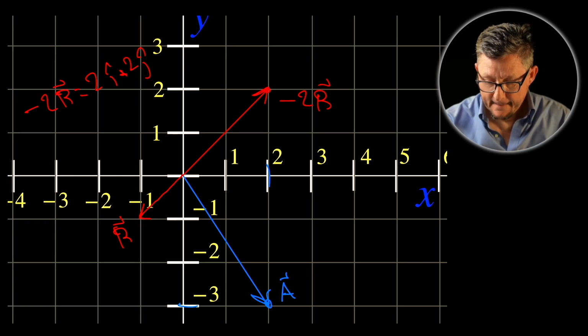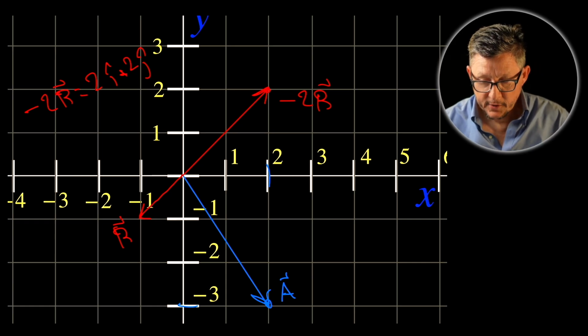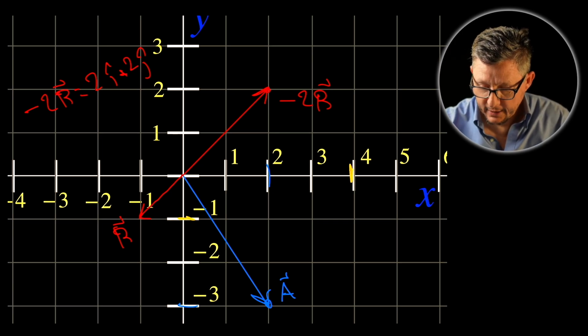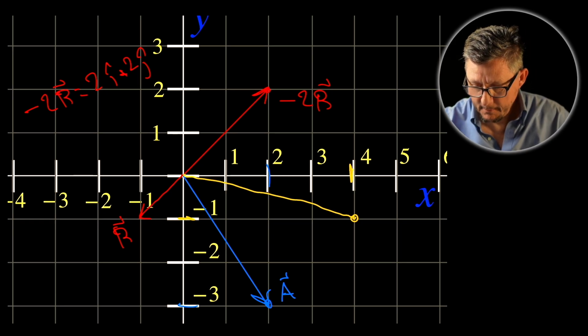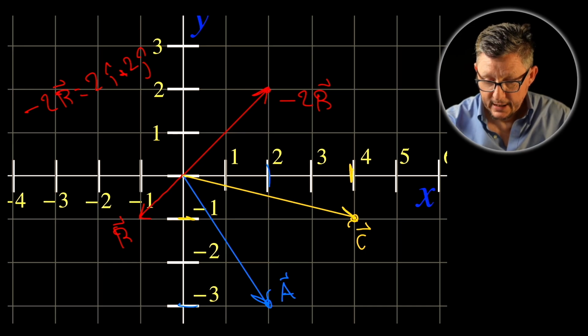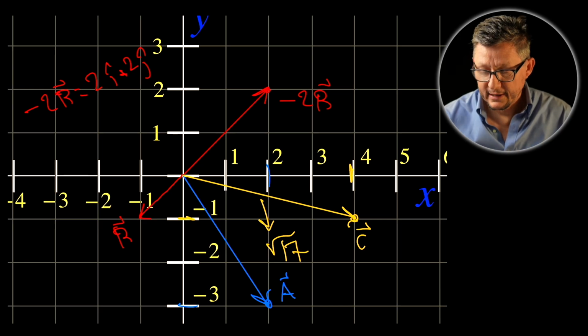So a minus 2b, we saw, is 4 I hat minus j hat. So we go over 4 in the x and down 1 in the j. So this would be a minus 2b is here, and that's c. Again, the magnitude of c, the length of the hypotenuse, is square root of 17.